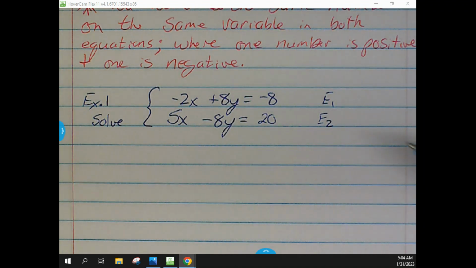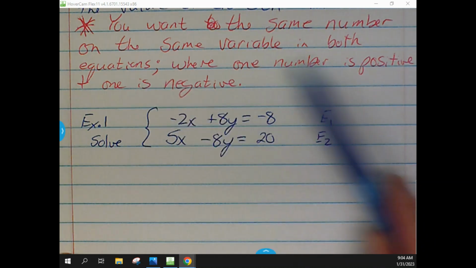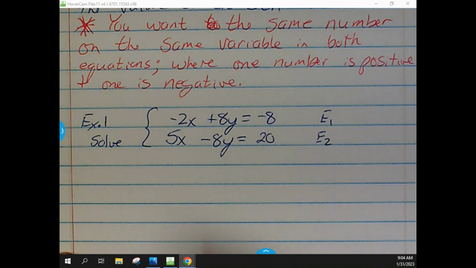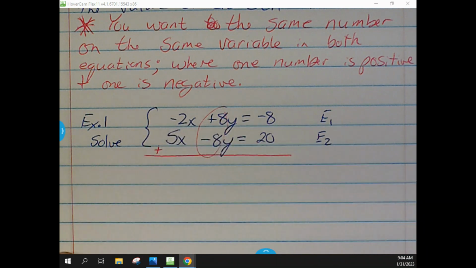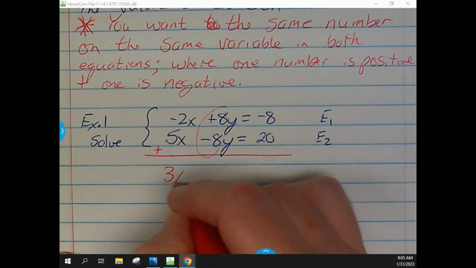Okay, so again, what we're doing is, pull this down a second. We want to have the same number on the same variable in both equations where one's positive and one's negative. If it is, it's great because now we've got a positive 8 and a negative 8. So then all we've got to do is just add these two equations together. So that's negative 2 plus 5, or 5 minus 2, so that's 3x.